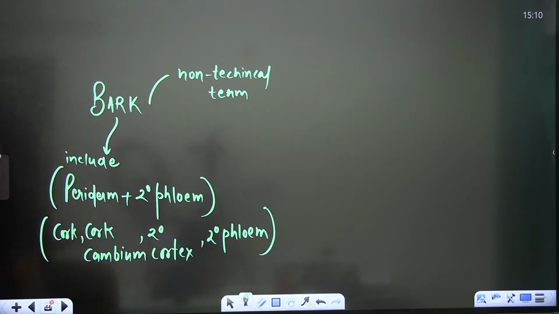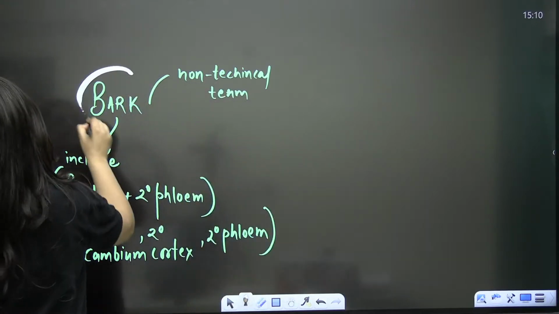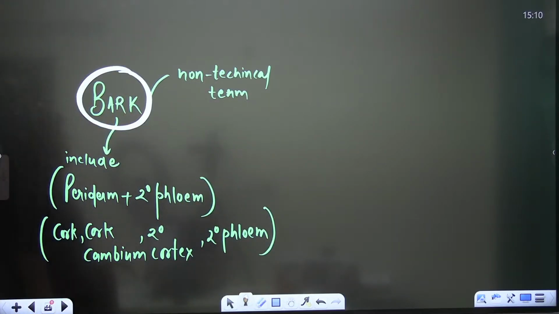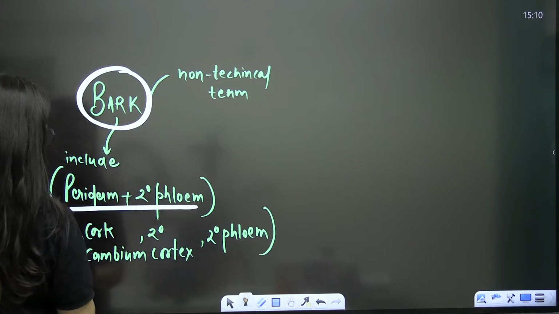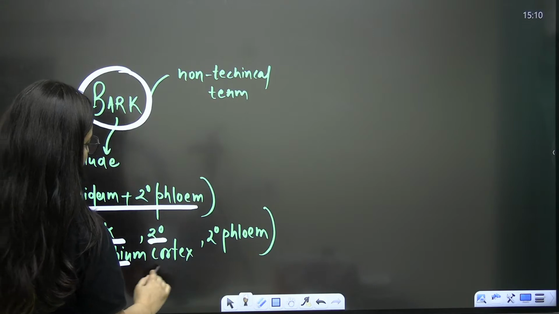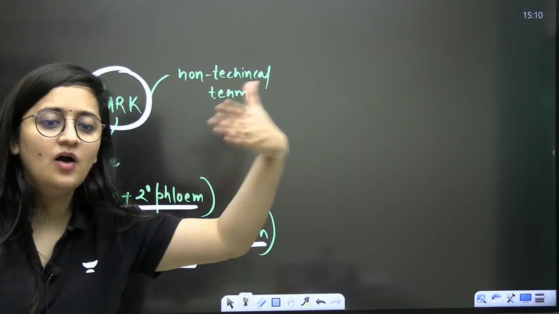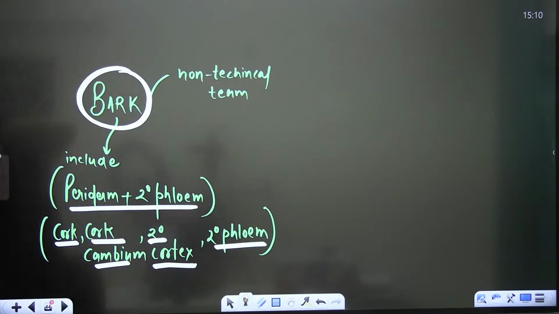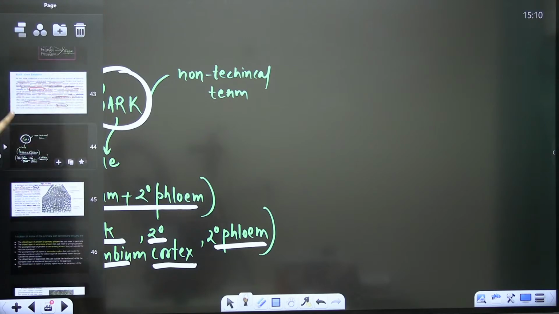That is what bark is. Obviously these are the tissues present outside the vascular cambium.